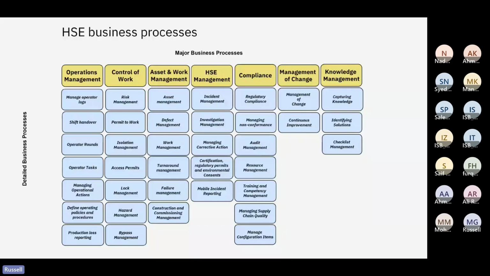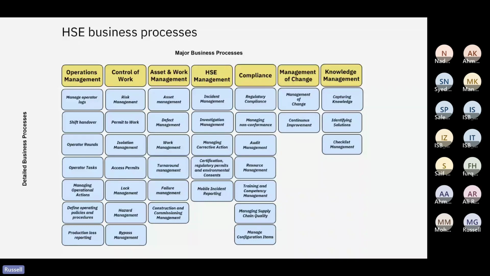There are three forms of permit to work: the traditional full permit to work process, isolation management linked into permit to work, and a simpler form called access permits. For work that is less invasive, such as an inspection or a permit for someone to visit sites, we don't need the full permit to work process, so we support a simplified process.